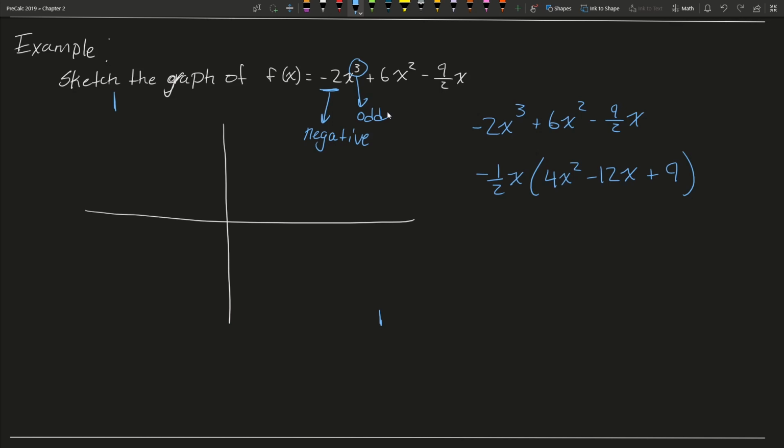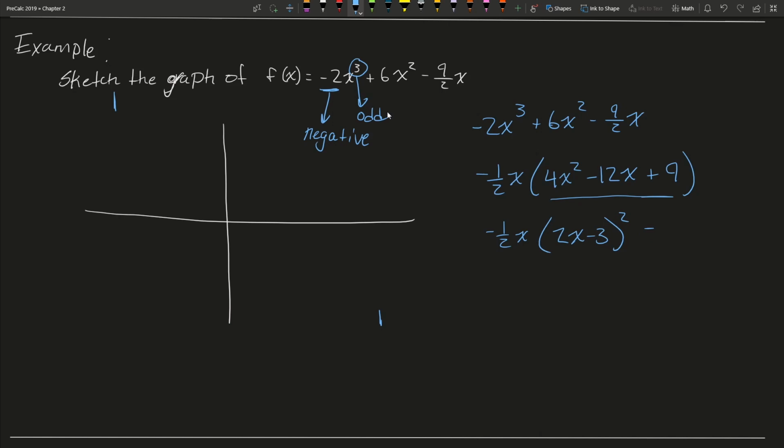Then if we do a little bit of factoring, we can simplify this even a little bit more. So this 4x squared minus 12x plus 9 ends up factoring to 2x minus 3 quantity squared.